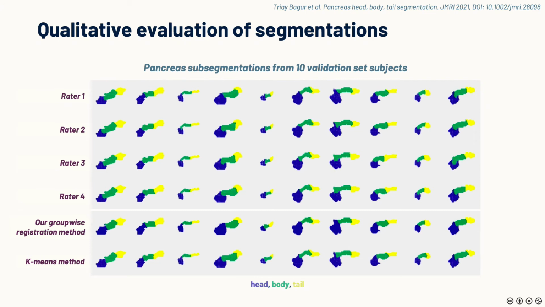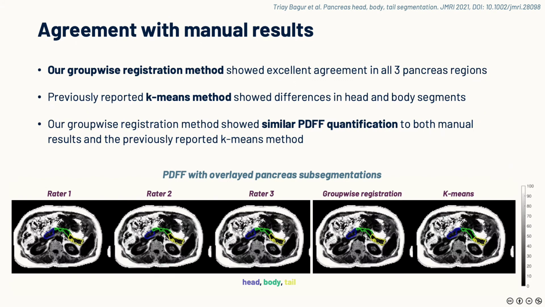Here are the 3-dimensional renderings of part segmentations from the first 10 validation set subjects. Segmentations from manual raters and from the automated methods are shown. Our group-wise registration method showed excellent agreement with manual raters in all three pancreatic segments, head, body, and tail.